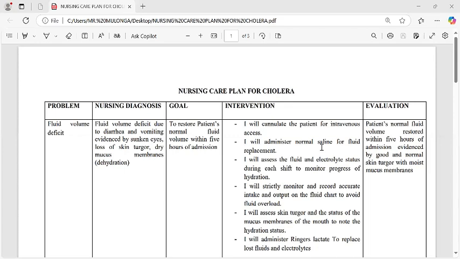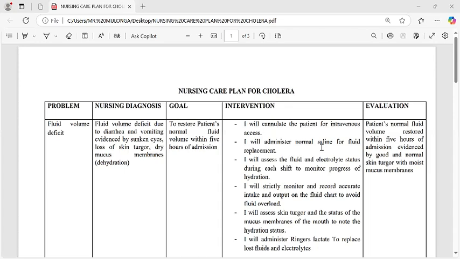Then from there, we have interventions for our problem. The first one is I will cannulate the patient for intravenous access so that you can give IV fluids. Number two, I will administer normal saline for fluid replacement. Normal saline, as we know, is a blood expander.